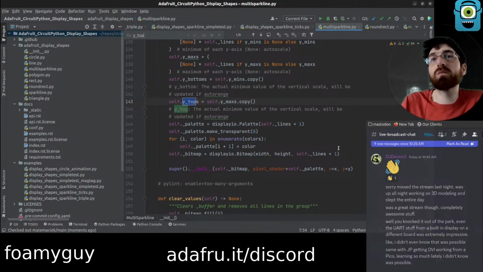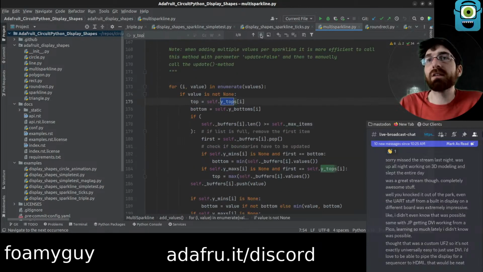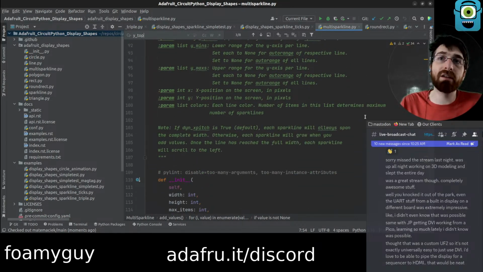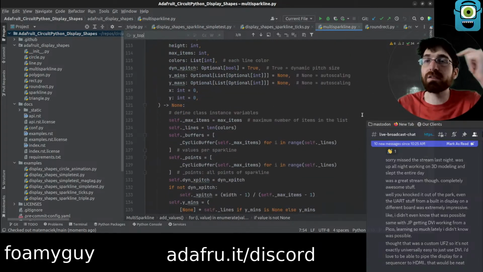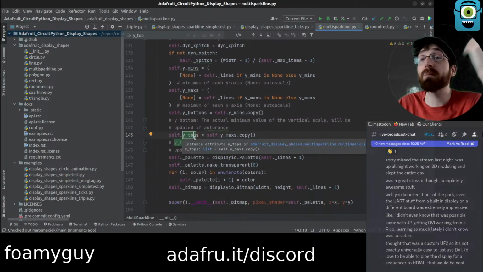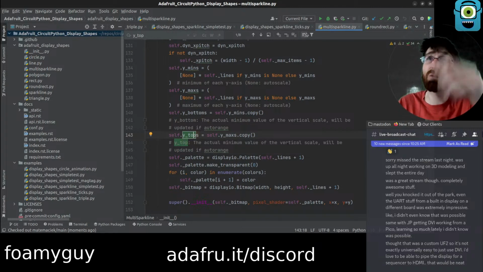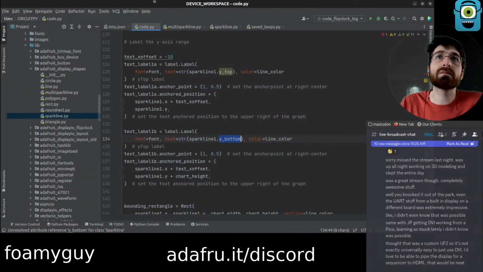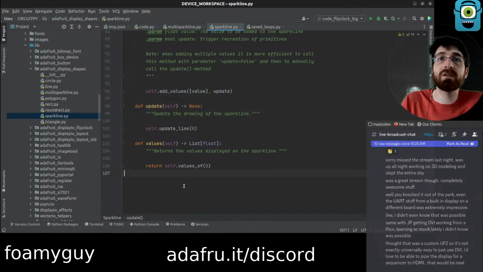Oh. Right. So there is no more Y top because now there can be multiple lines. Sparkline extends a multi-sparkline and then presumably just only draws one of the possible lines. So I would assume for Y top, we should probably be returning Y tops with an S and then square bracket 0. Get the first one in the list. And that should always be our single line if we are only having a single one.